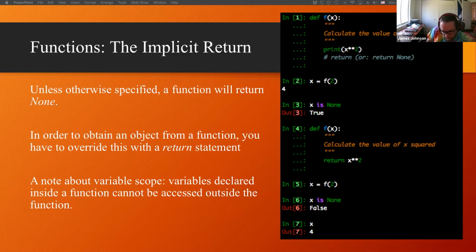The question is, is return None like the void function in C++? Yes and no. A void function in C or C++ will truly return nothing. It will not even return None. So that's a little different from Python. This is more like returning null.